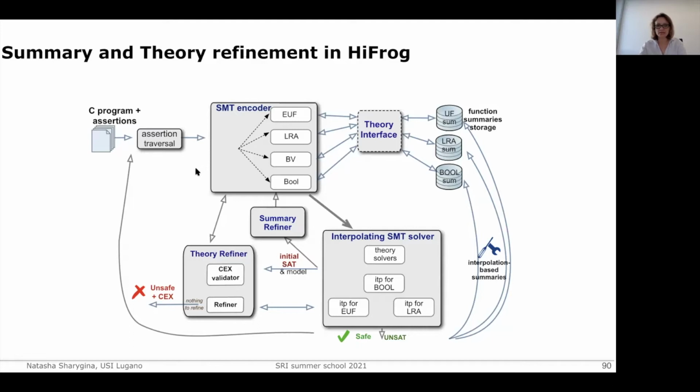So then the other feature was the construction of what we call symbolic models of parts of the system. They are the summaries, function summaries, and they are automatically constructed for each safe run of the model checker.